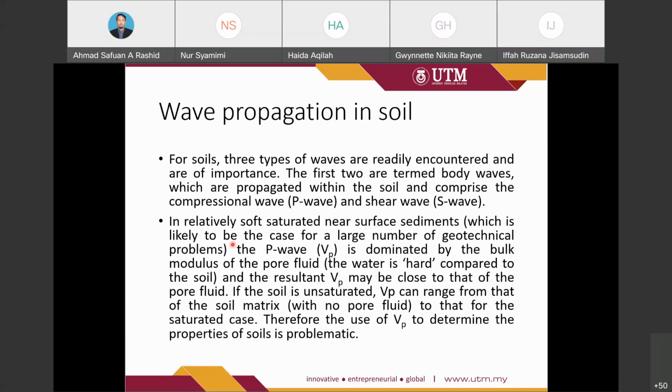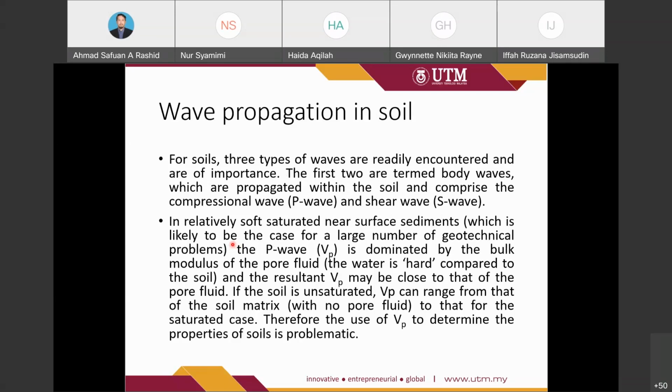Under wave propagation in soil, there are three types of wave that are readily encountered and are of importance.